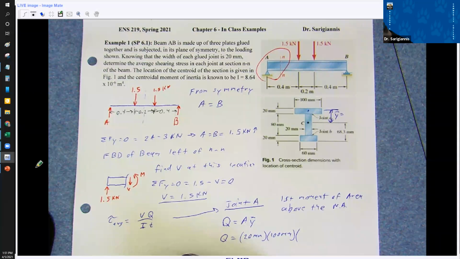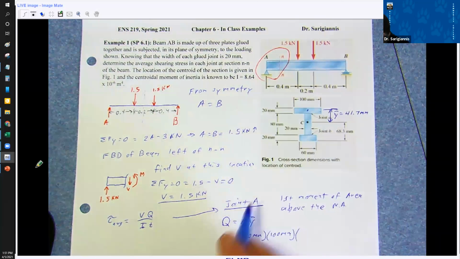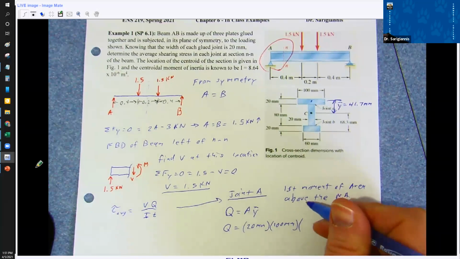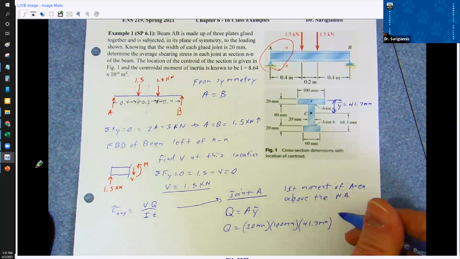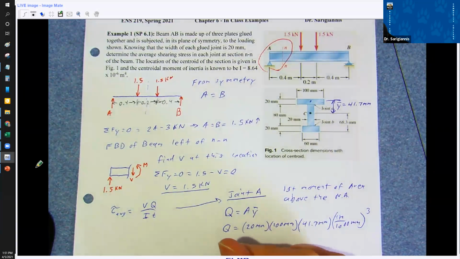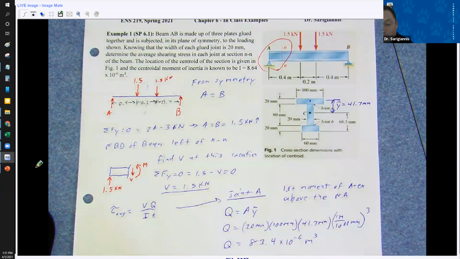You got 51.7 minus 10, 41.7. This is 41.7, because remember, the centroid is in the middle here, so you're 10 down from the top. So I've got 41.7 millimeters. Converting from millimeters to meters, this gives us a Q of 83.4 times 10 to the minus 6th meters cubed.